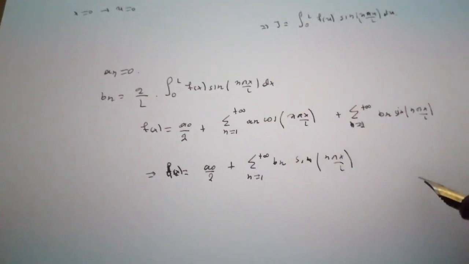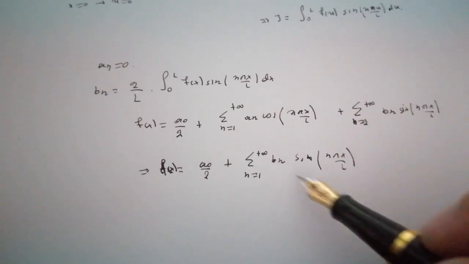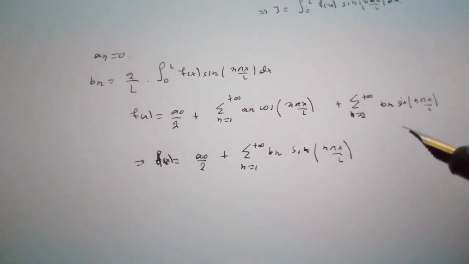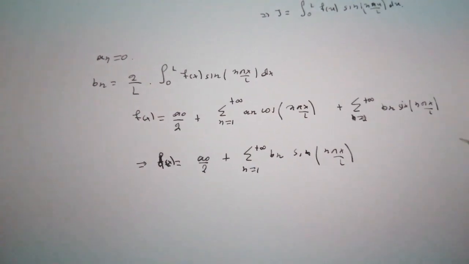Therefore, when the function f is odd, we obtain only the sine terms in the Fourier series, and the cosine terms vanish.